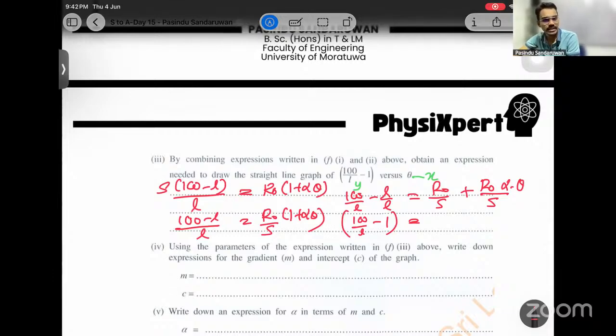Then we isolate R naught alpha over S times theta plus R naught over S.